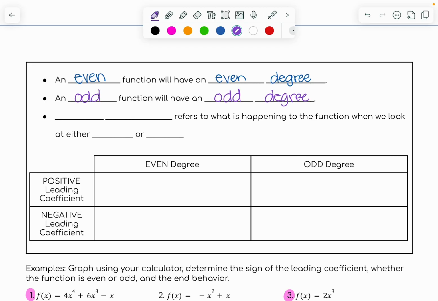Then we need to discuss what this word end behavior is. So end behavior refers to what is happening to the function when we look at either negative infinity or positive infinity on the x-axis.